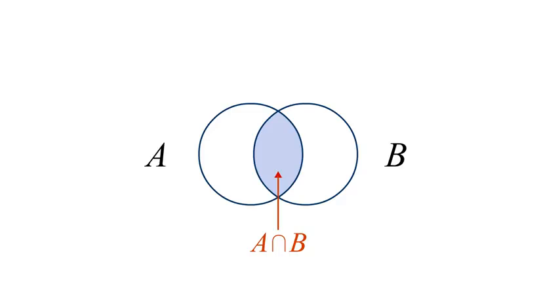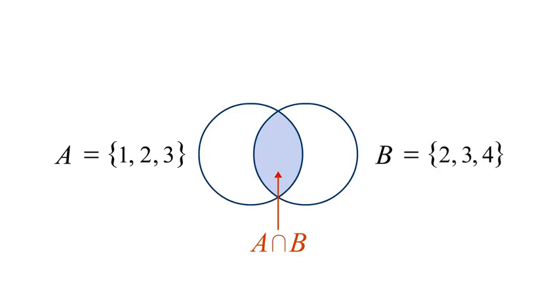For example, if set A contains the elements 1, 2, and 3, and set B contains 2, 3, and 4, then the elements which A and B have in common are 2 and 3, and this intersection forms a new set containing the elements 2 and 3.